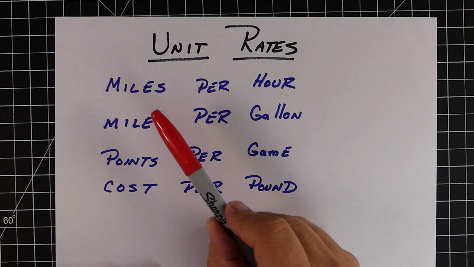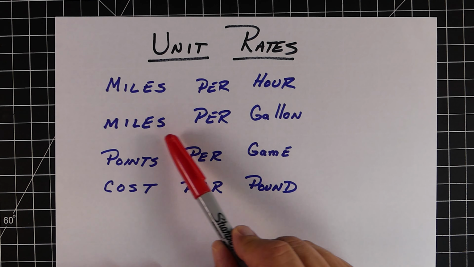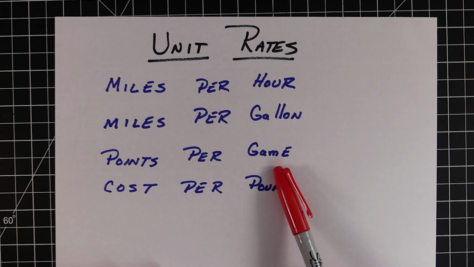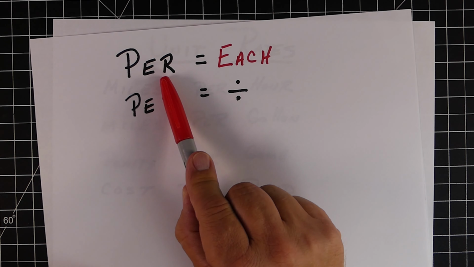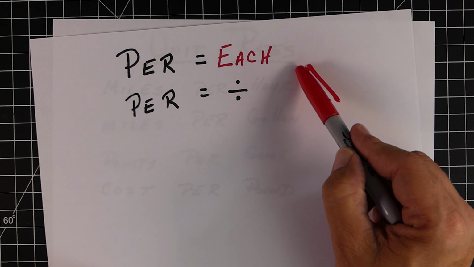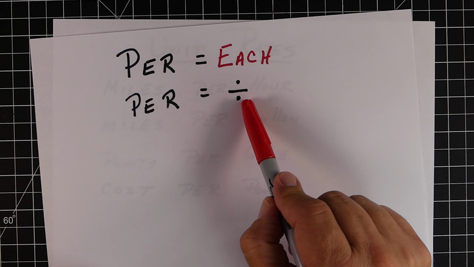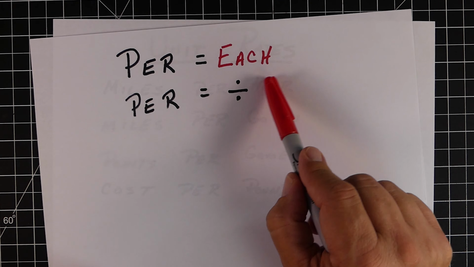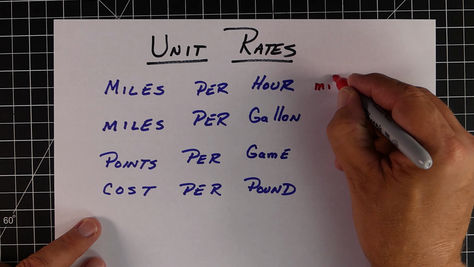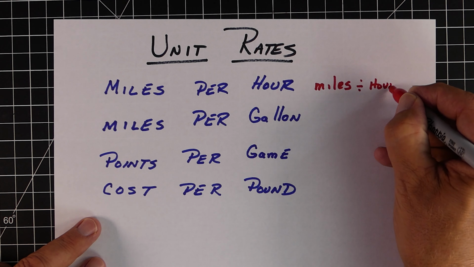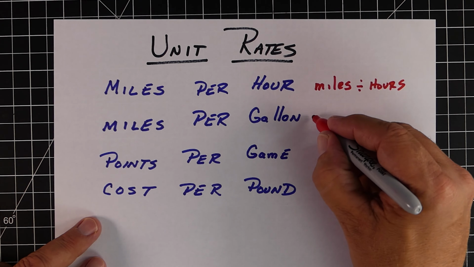Now, if you're noticing, you've got miles per hour, miles per gallon, points per game, and cost per pound. I'm emphasizing the word per. Per refers to each. And when we're using the word per, it's going to tell us that we're going to be dividing. So when you're looking at miles per hour, it's really saying miles divided by hours.